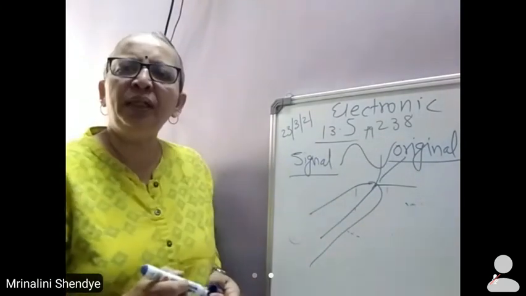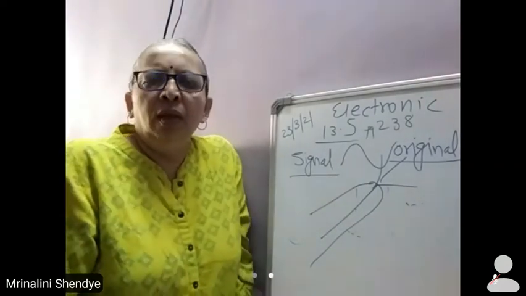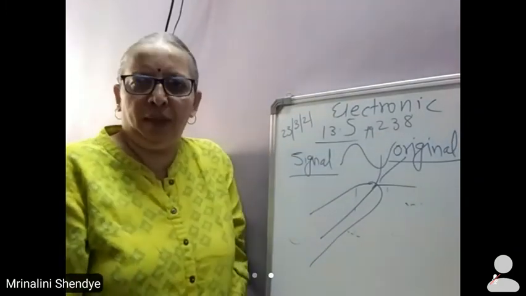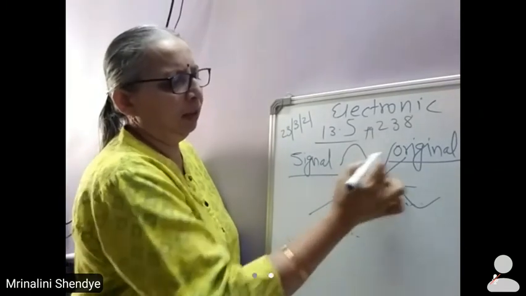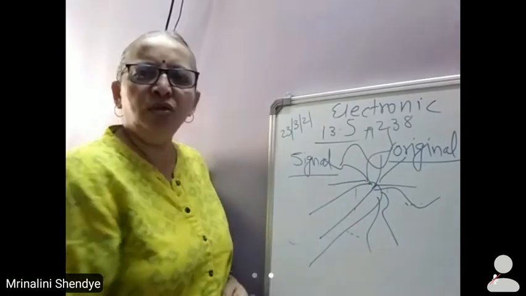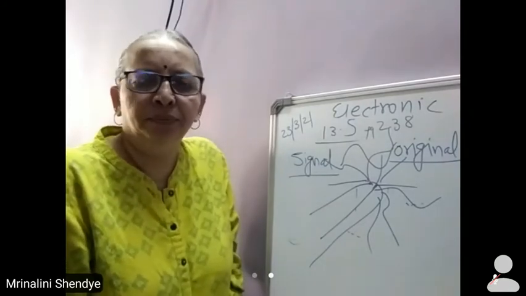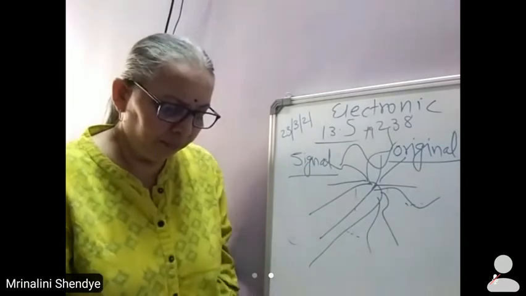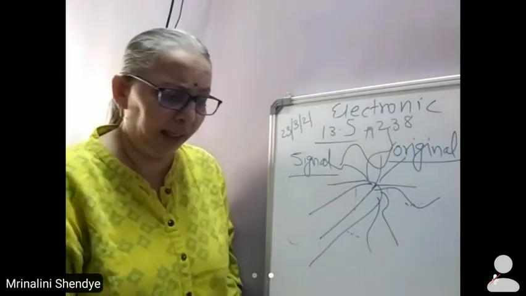So transmitter and receiver both have antennas. So the antenna radiates EM waves of information or signal in space in all possible directions. These waves travel through the communication channel and they get received by the receiver at the other end.